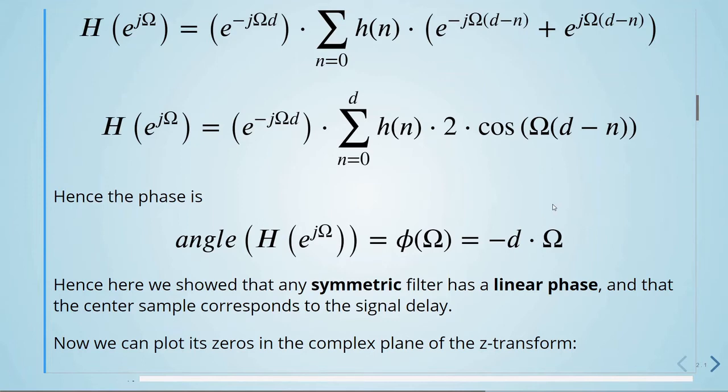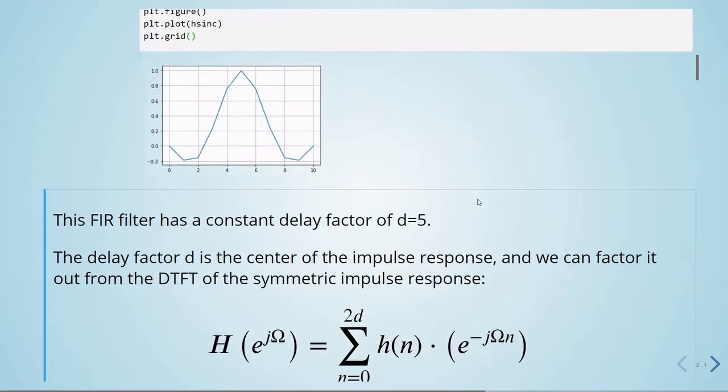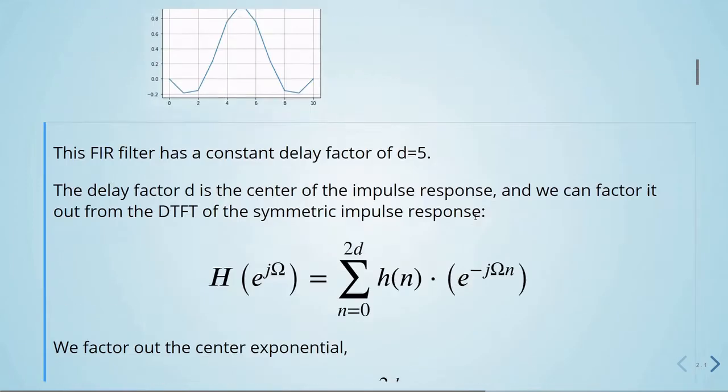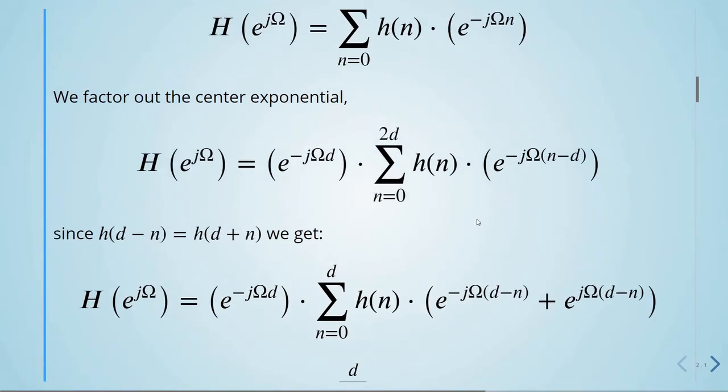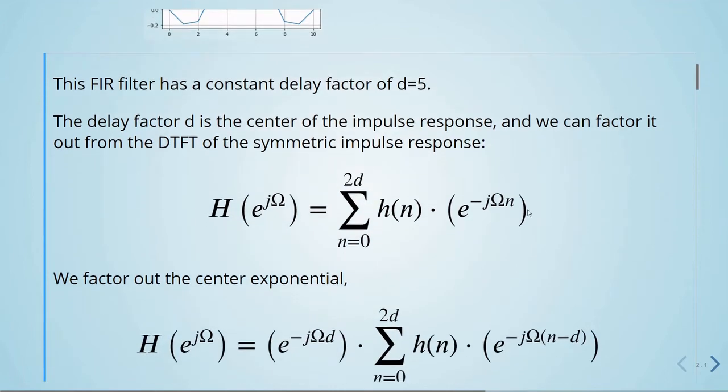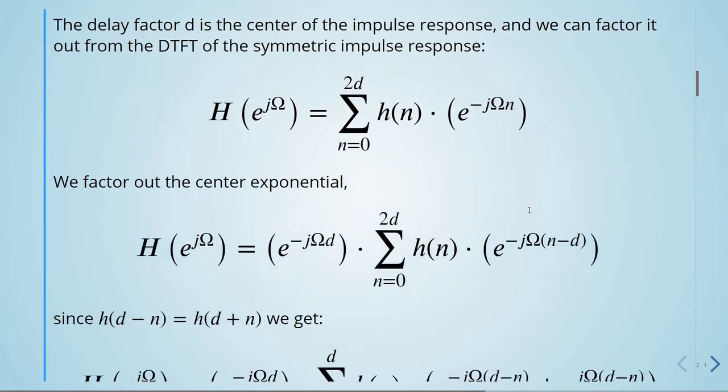So we show that any symmetric filter has a linear phase and that the center sample corresponds to the signal delay. So this is what we've seen here and also here. This was how to prove it. So we factor out the center exponential.